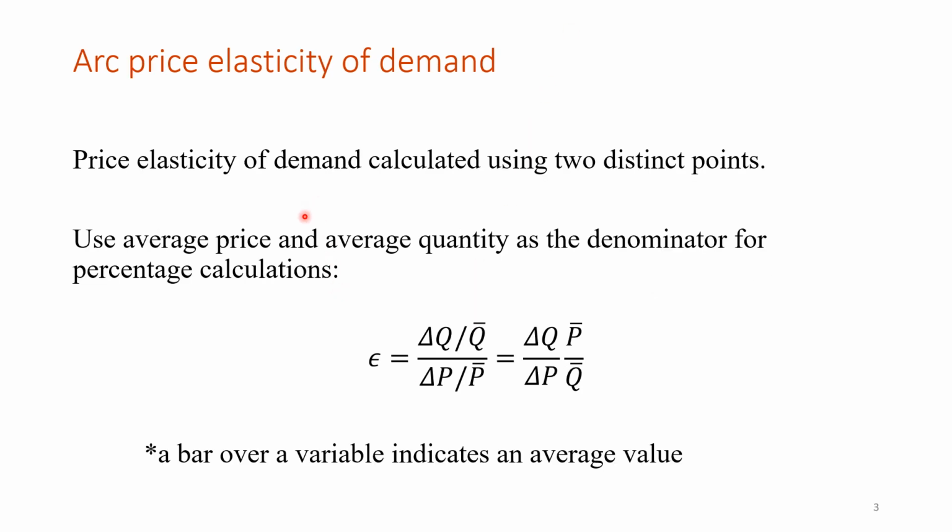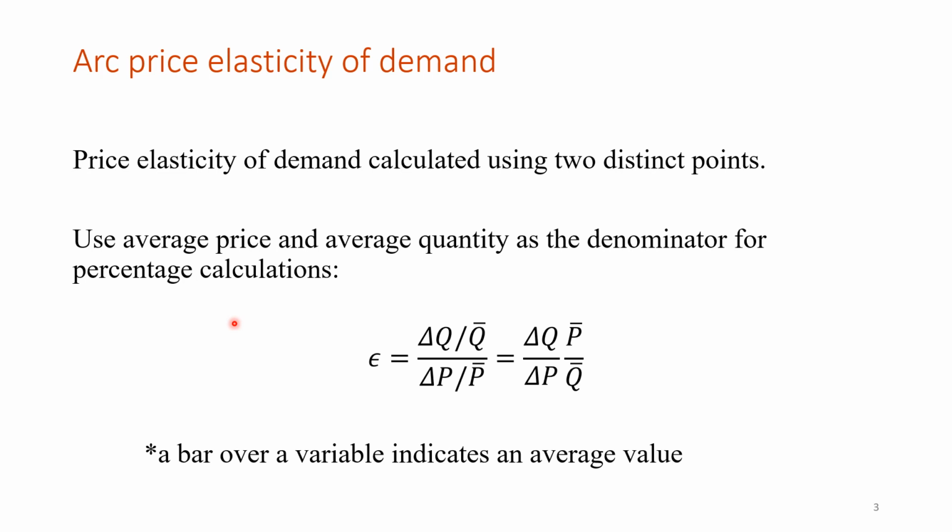Now we can distinguish between an arc price elasticity of demand, which means that we're looking at a little piece of the demand function, or a point price elasticity of demand. The arc price elasticity of demand is calculated using two distinct points, and we use the average price between those 2 points.